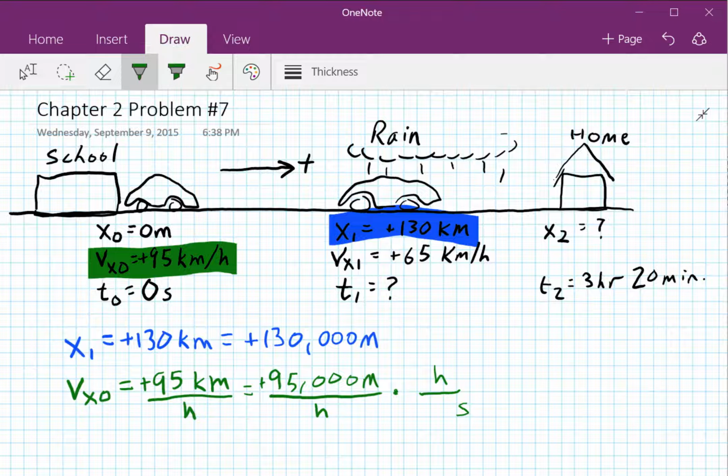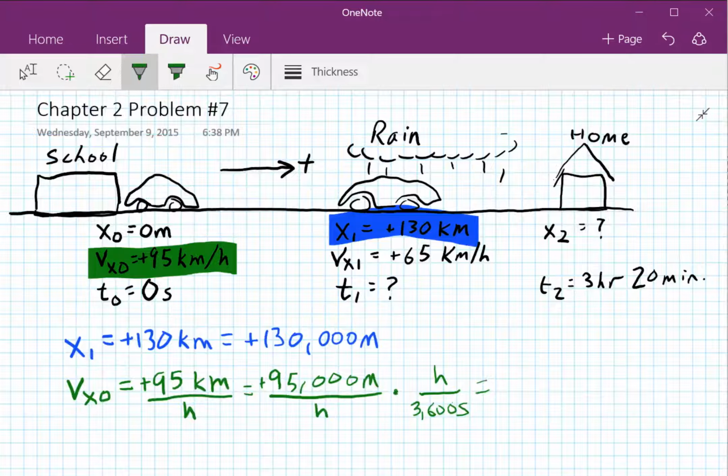Now, you may not know this yet, you haven't memorized it yet, but you have 60 minutes in an hour and 60 seconds in a minute. So if you just do 60 times 60, that's the number of seconds in an hour. So 3,600 seconds are in an hour. If you don't have that memorized yet, you will have that memorized pretty soon because you're going to be doing that quite frequently in this class.